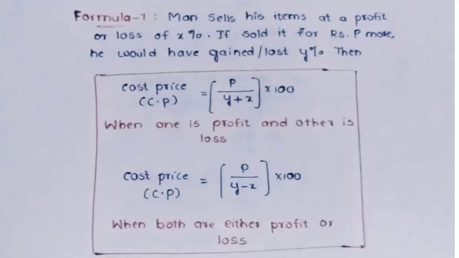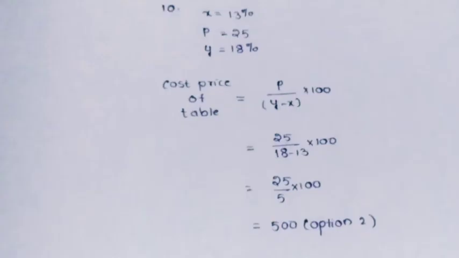If one value is profit and the other is a loss, we use the formula P divided by (Y plus X) into 100. So here I am using P divided by (Y minus X) into 100. Substituting the values, P as 25, Y as 18 and X as 13, we get the cost price of each table as 500, which is option number 2.